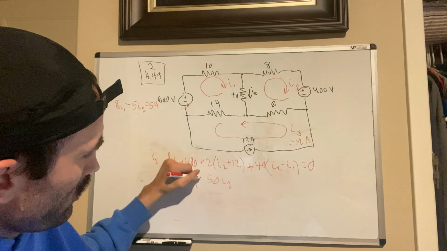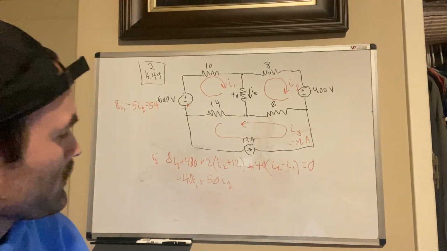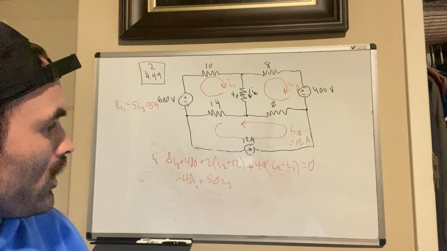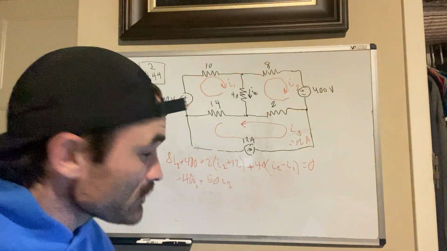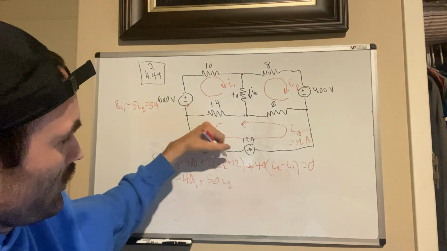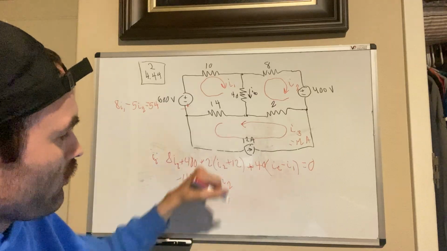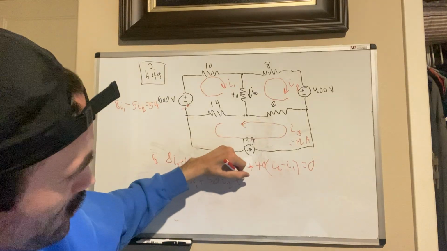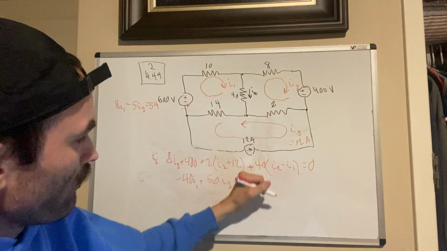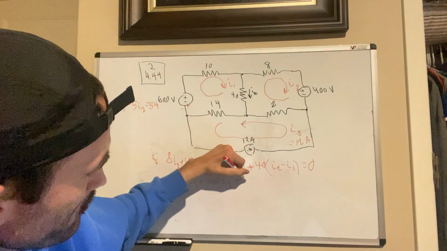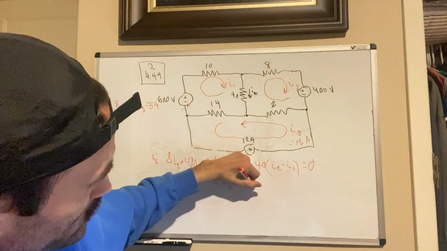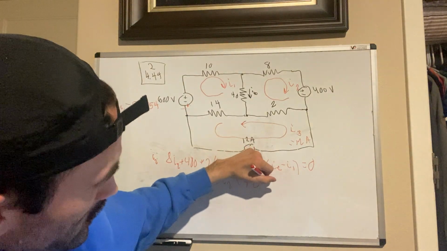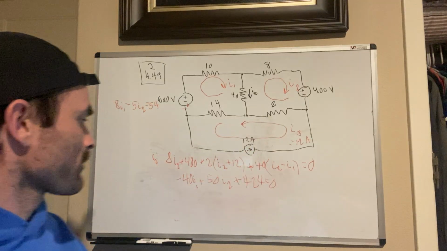Negative 40I1 plus 50I2. And then all of our plain old numbers. We have 400, and 2 times 12 is 24. So we have plus 24, or 424, sorry. 424. That equals 0. Okay.